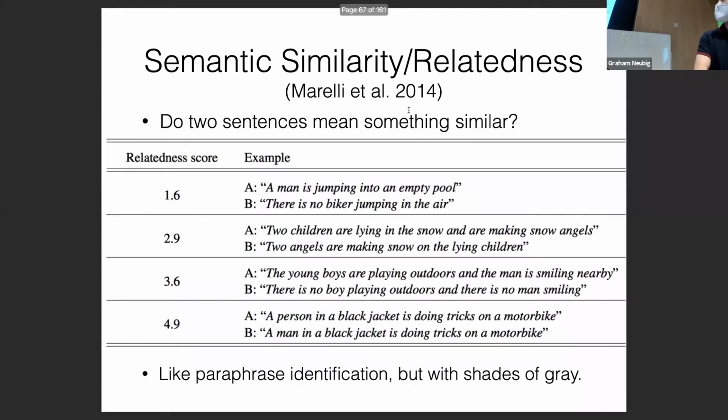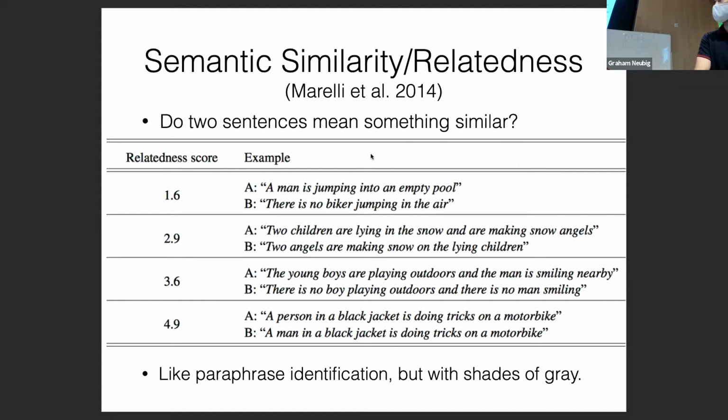For example, semantic similarity or relatedness can be used for evaluating text generation systems. Like last time I talked about BLEU or other things like this. Semantic similarity models can also be used to evaluate whether the output is semantically similar to a gold standard human translated output.